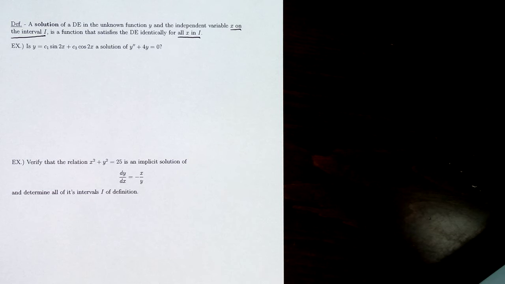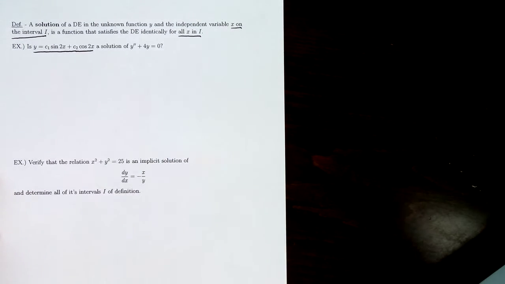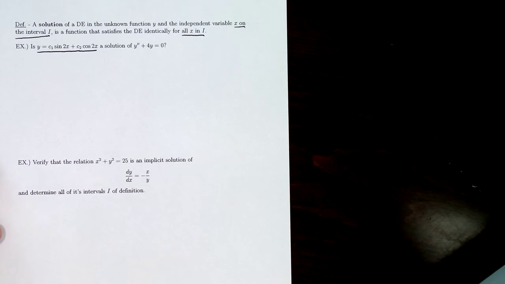Obviously, we're going to know how to solve these equations later in the course, but there are ways that we can use our single variable calculus to determine if this is a solution. So we know what y is. y is c1 sine 2x plus c2 cosine 2x. Let's just take two derivatives of this.